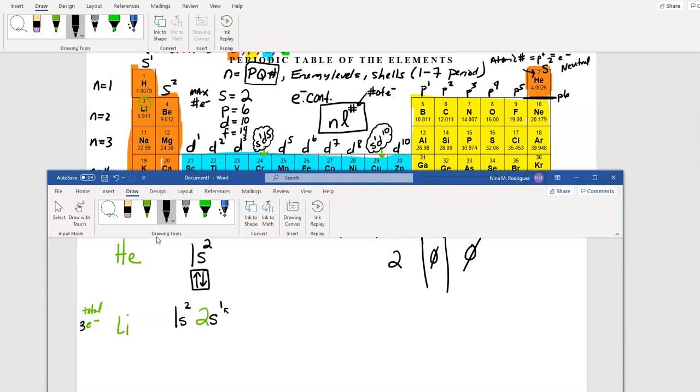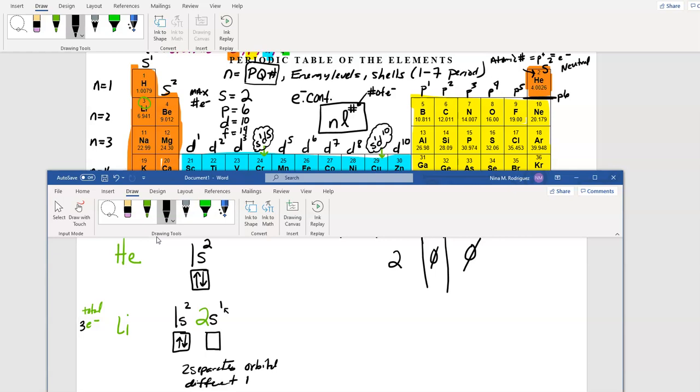Okay? So this orbital diagram has that box, and then 2s1. What's an s orbital? It's a sphere. Only one box. And notice you are not putting them together, because these are 2 separate orbitals, and because they are 2 separate orbitals, they have different energies.